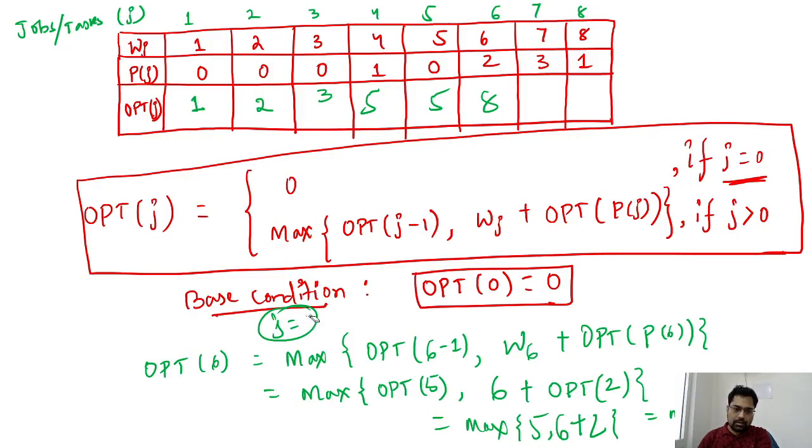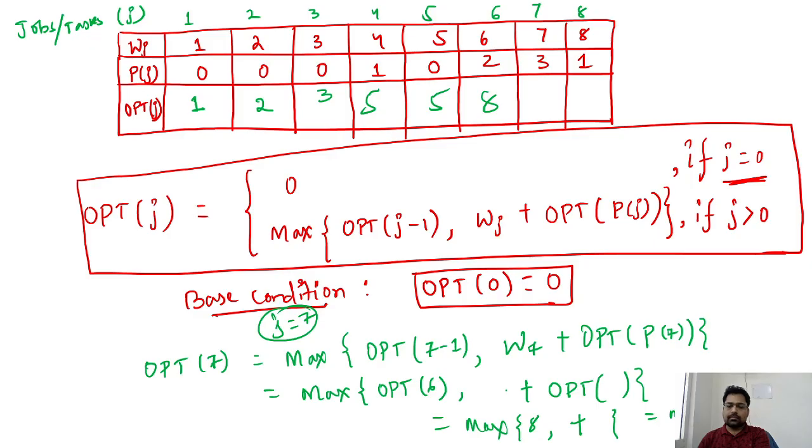Next, J value as 7. Now for J value 7, here OPT 7, here I am putting 7, here 7 and here 7. So OPT 6 is 8.